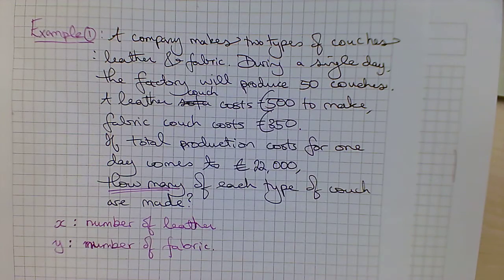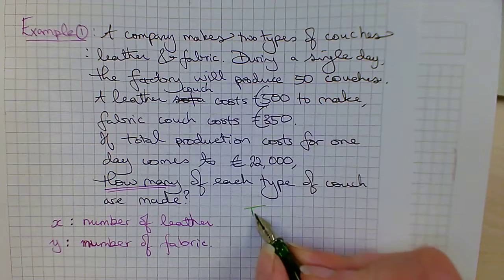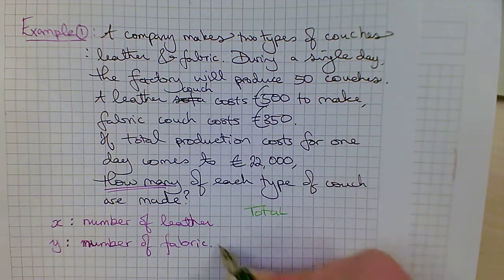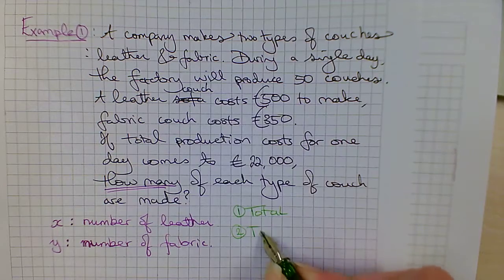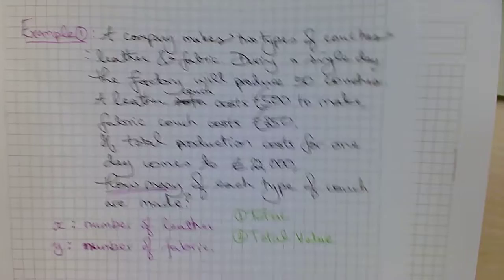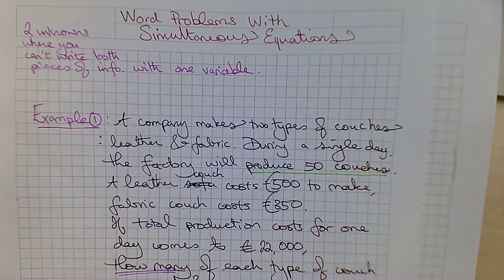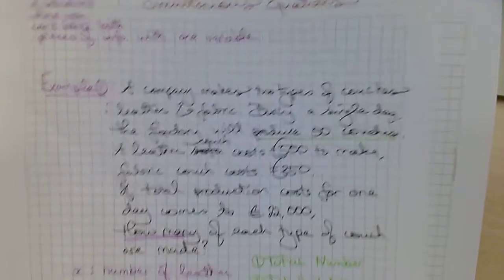Okay? And this is the type of simultaneous equation that I call total and total value. Okay, so we'll look out for these because they're the most common type of simultaneous equation word problem. Total will be my first equation, and total value or total cost will be my second piece of information. Well, where did I get that from? Well, look, in the question, they've told me the total. Let's maybe call it total number and total value so you can see it more easily.